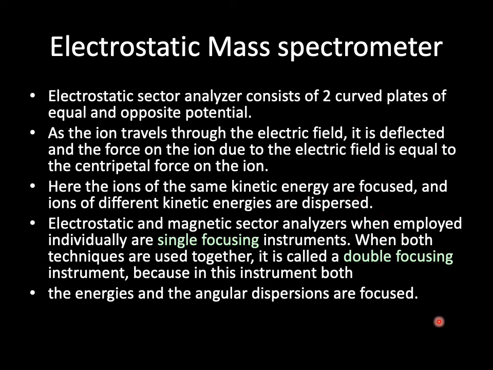Here the ions of the same kinetic energy are focused, and the ions of different kinetic energies are dispersed. The electrostatic and magnetic sector analyzers, when employed individually, are single focusing instruments. When both techniques are used together, it's called a double focusing instrument, because both the energies and the angular dispersions are focused.